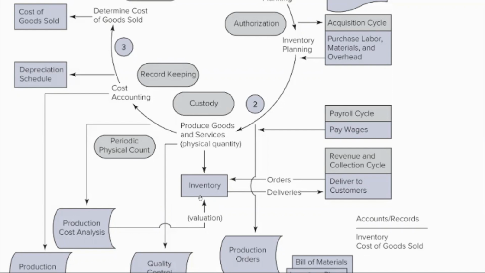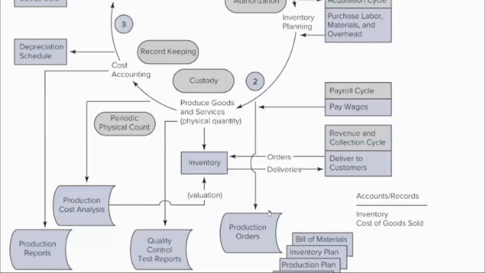So we're going to produce those goods. They're going to get added to inventory. Then we're going to sell them to customers, so we see that relationship with the revenue cycle. Our payroll cycle is related here because we're going to have that direct labor that's going to get included into the cost of our inventory.